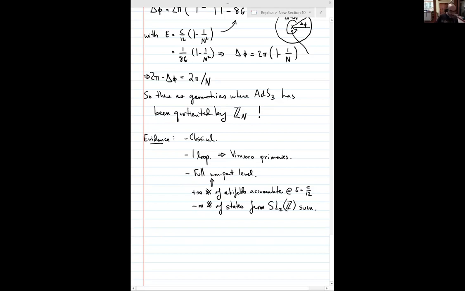So although in the states that we're adding, you appear to be adding an infinite number of them, or if we phrased it in the language of the computation of the torus partition function, there are certain terms in the sum that give you a plus infinity, and then there are other terms in the sum that give you a minus infinity that precisely cancels to give you a finite number.